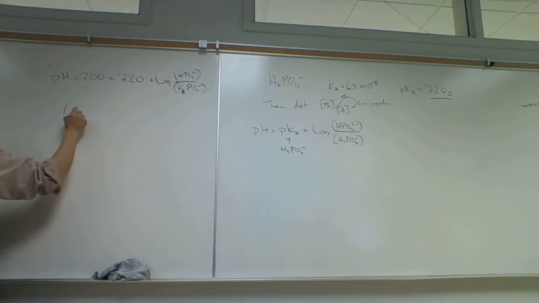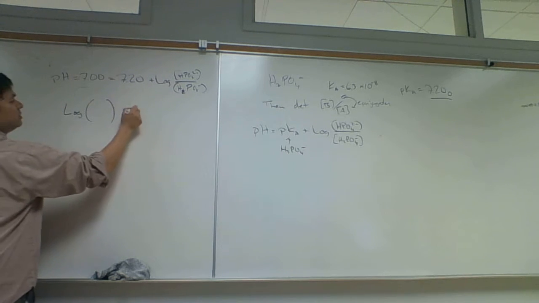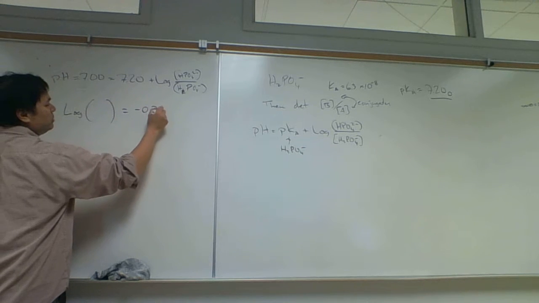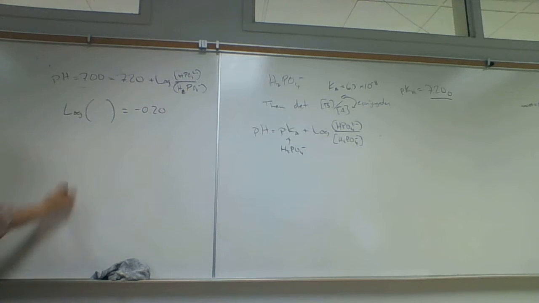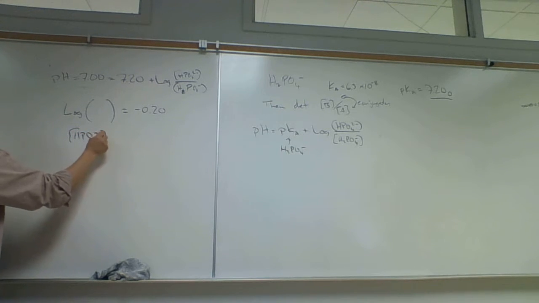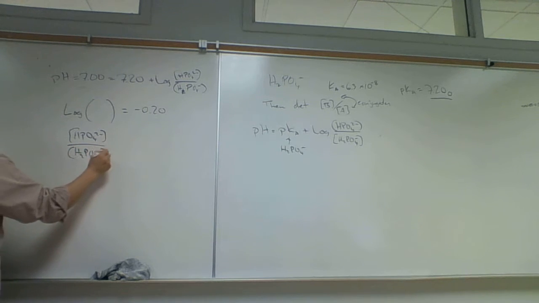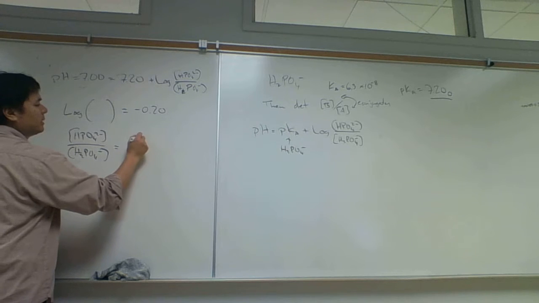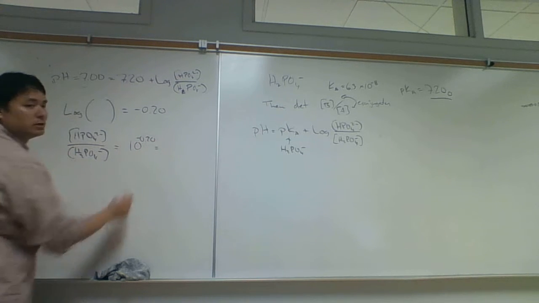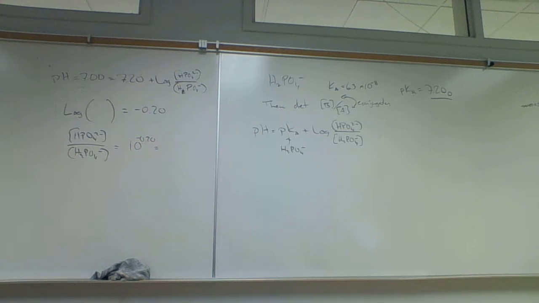And so we're going to get the log of this ratio is equal to negative 0.20. Then we take the anti-log of both sides. If we take the anti-log, the HPO4 2 minus over H2PO4 minus ratio is going to equal 10 to the minus 0.20, which is going to give us what?